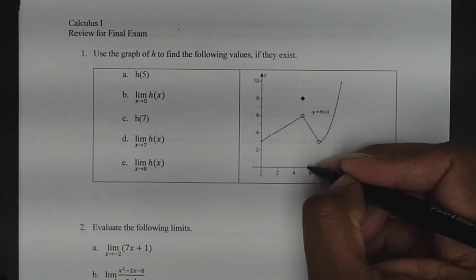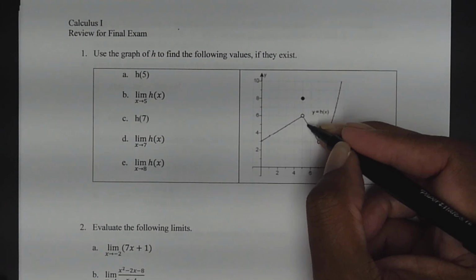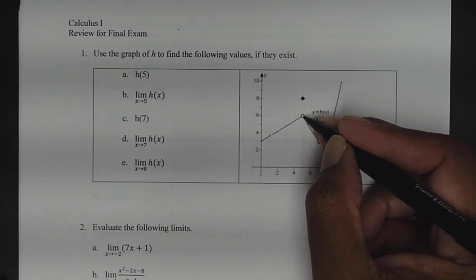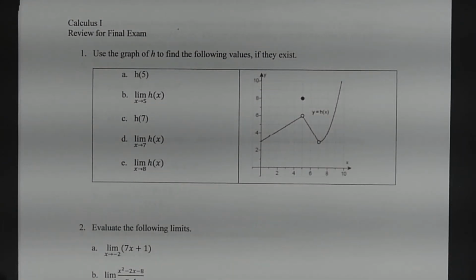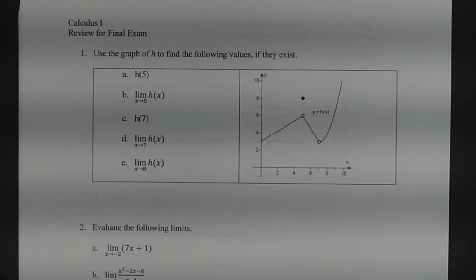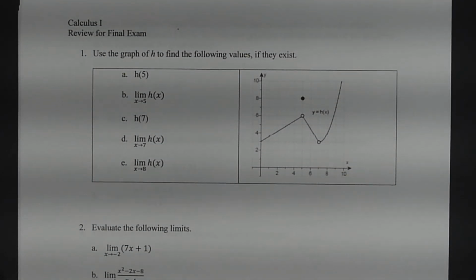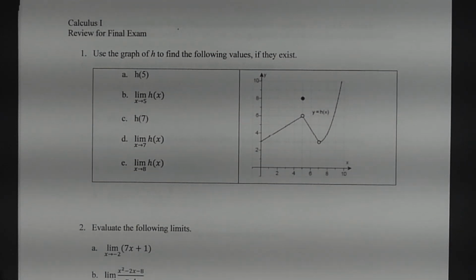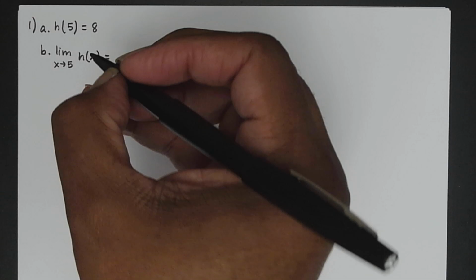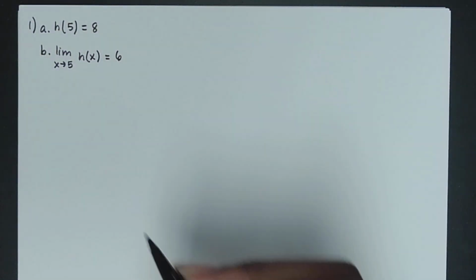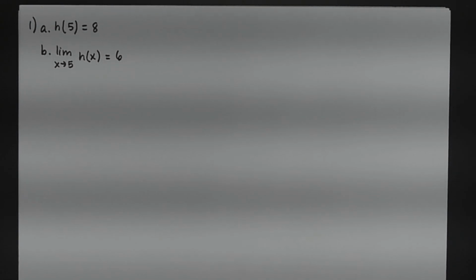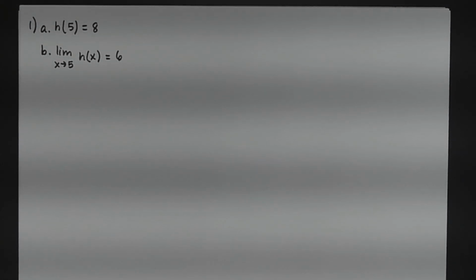And as x approaches 5 from the right side of 5, you can see that the graph gets closer and closer to this y value of 6 as well. It'll never reach 6, but it gets closer and closer to 6 on both sides, the left side and the right side. So that means the limit as x approaches 5 of h of x will have to be 6.